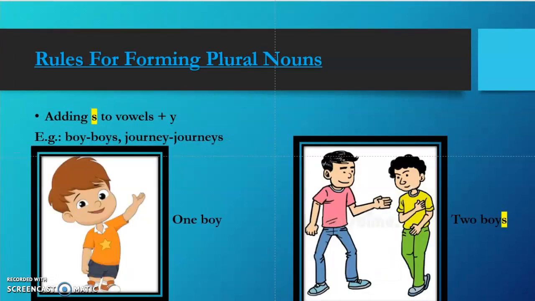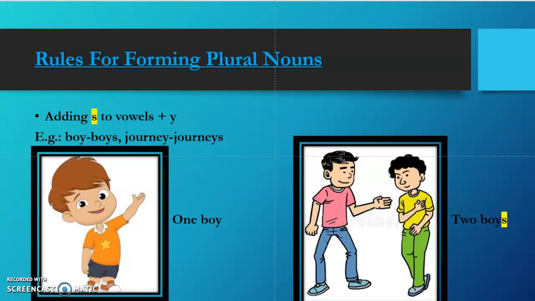Then we have the next rule, which says that we have to add an s to vowels which are followed by a y. Like in boy, you know your vowels A, E, I, O, U. Any word that has a vowel followed by a y will have an s at the end to make it plural.